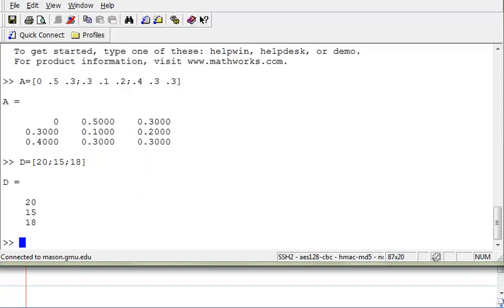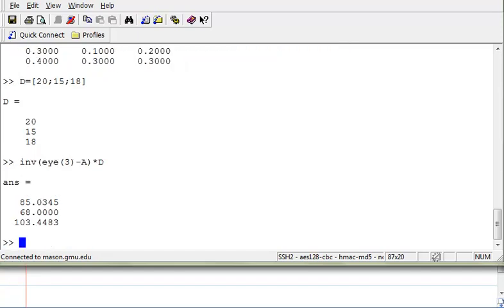So the solution, if you look back, is I minus A inverse times D. And I'm going to type that in one command. The inverse of I now is the identity, the 3 by 3 identity. So I have to type it in like that, eye of 3. That tells MATLAB which size identity. I minus the matrix A, and I'm going to calculate the inverse of that, and I'm going to multiply by D. And there it is.